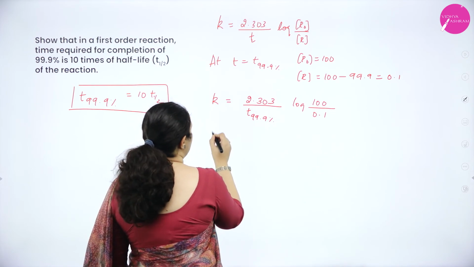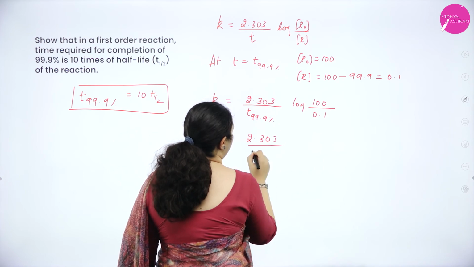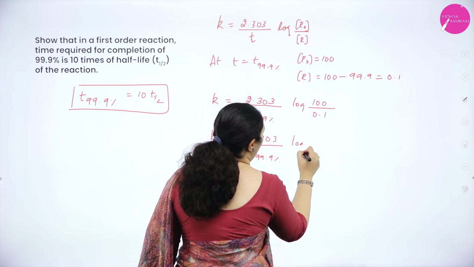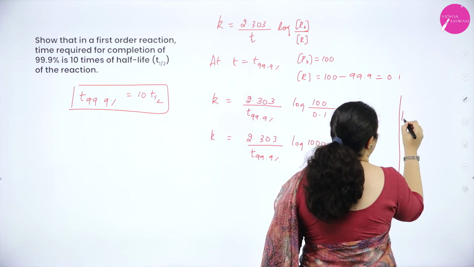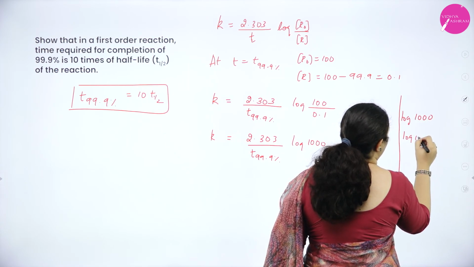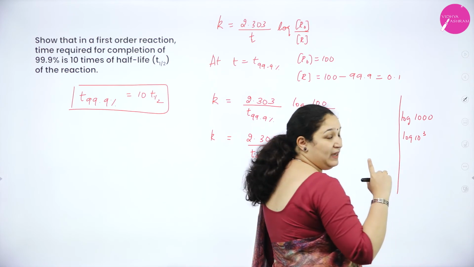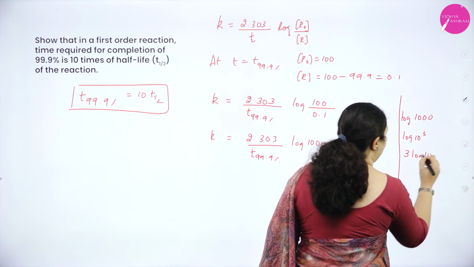So I will get K is equal to 2.303 by T 99.9% log 1000. Now log 1000, I'll write it as log of 10 to the power 3. Log a to the power b is b log a. So this will be 3 log 10.